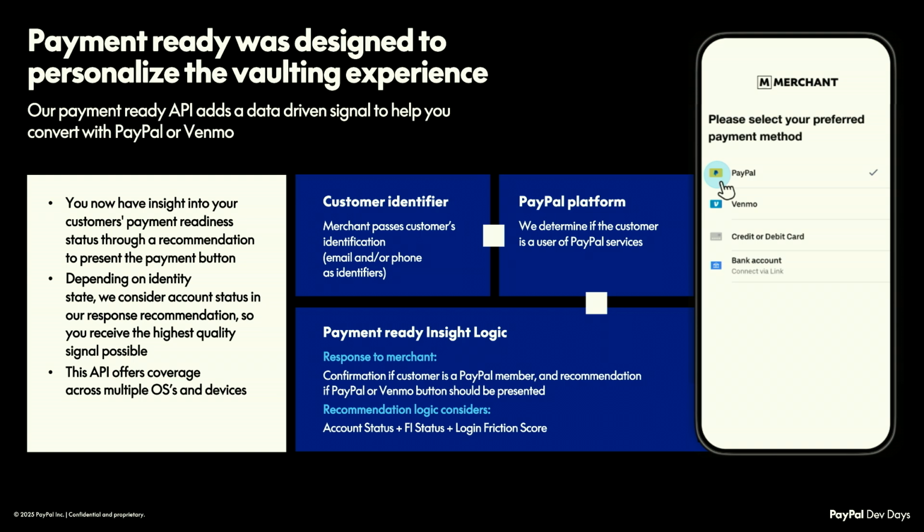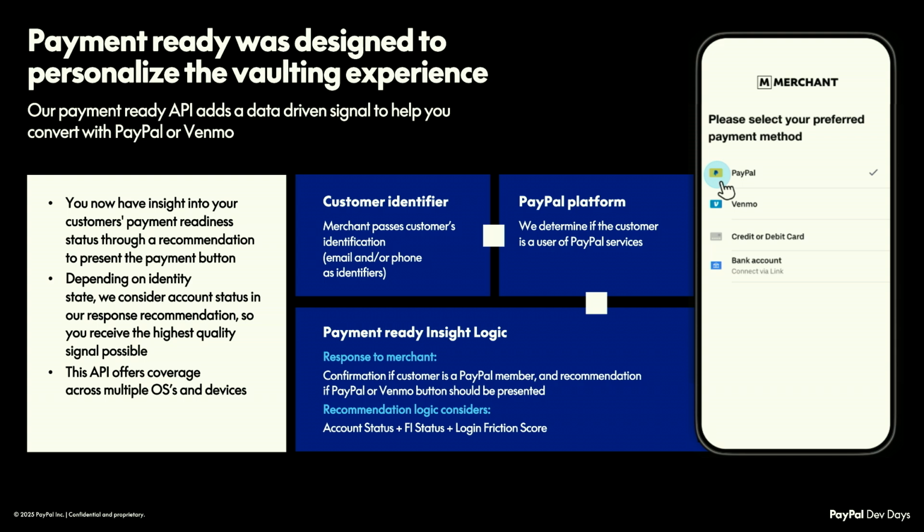And while this seems simplistic, there are a lot of other things happening behind the scenes. When we look at the email or the phone number, we look at whether you have a valid funding instrument, whether you have an account that is in good standing, let's say your account is not restricted by any fraud or risk restrictions, and whether it has sufficient funds. So all of these checks we are doing upfront.